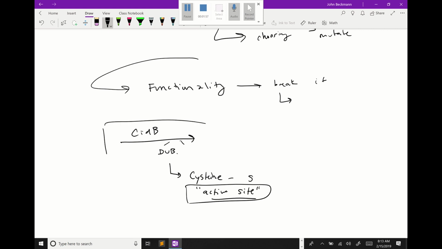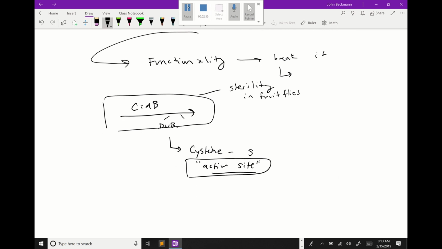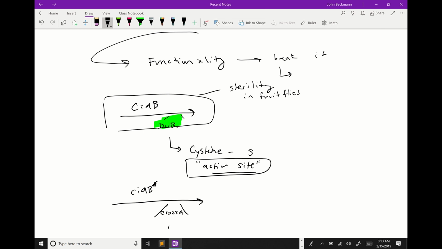So in one case, I was studying SIDB, and I could make it cause sterility in fruit flies. But we wanted to definitively verify that that sterility was in fact caused by this DUB domain. So in order to prove that, we made a second version of SIDB called SIDB star, in which we made a C1025A mutation. What's that mean? What's C1025A mean? This is being at the 1025.